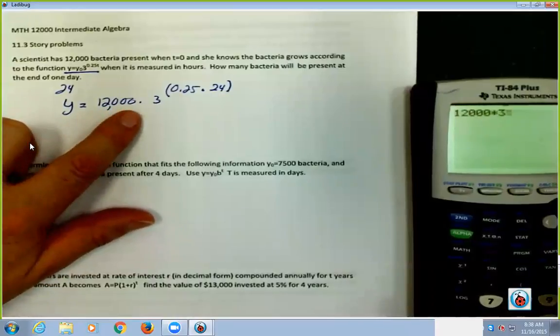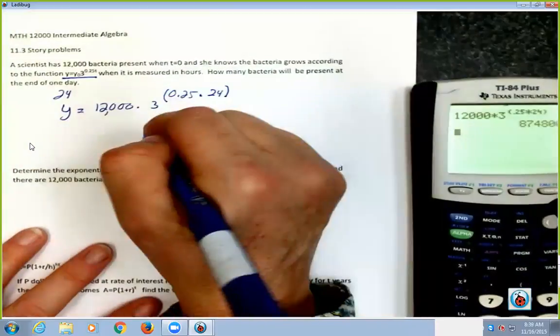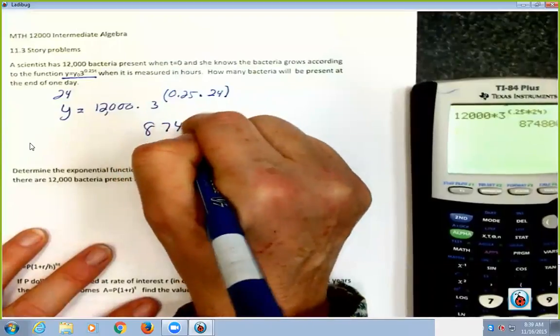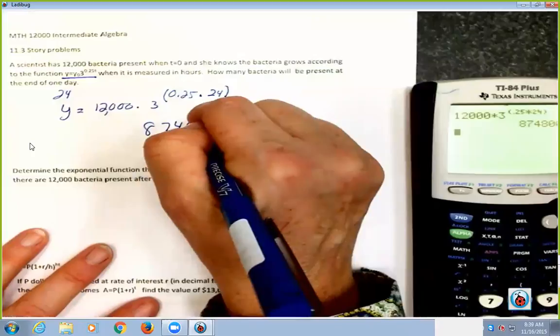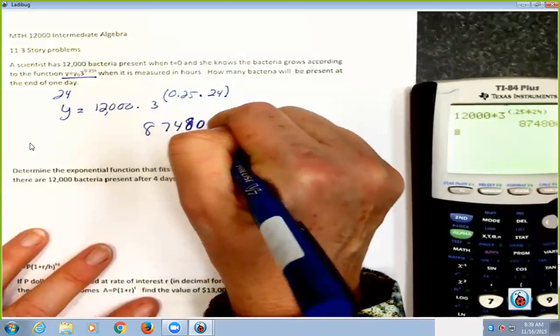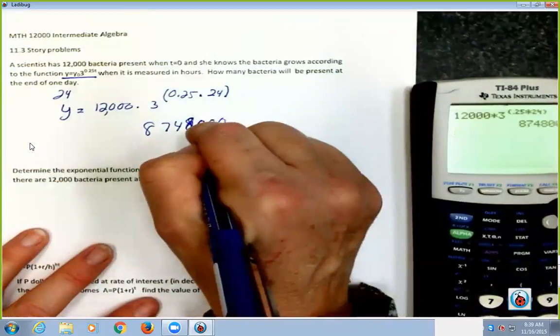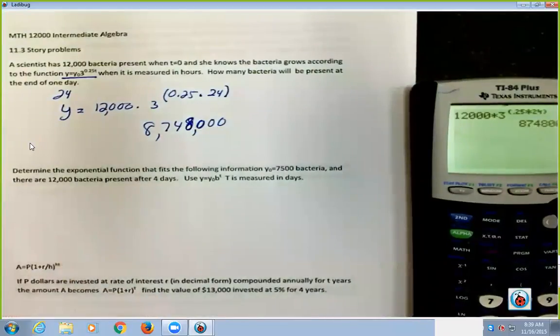Times 3 raised to the parenthesis 0.25 times 24. And we get an answer of 874,800. Okay. Lots of bacteria. Okay.